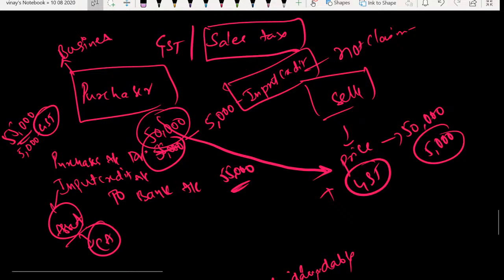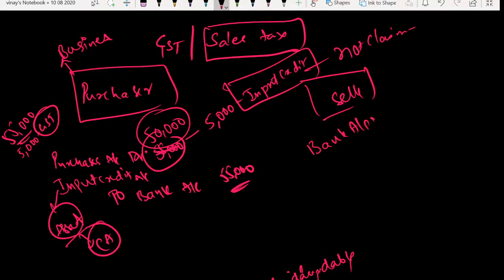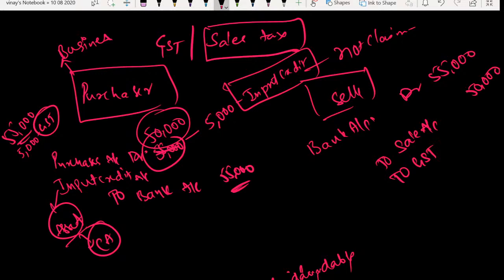What about the seller? What the seller will do: bank account debit, I got almost 55,000 rupees. My sale value, the price of the goods, sale account 50,000 rupees, and GST payable account 5,000 rupees.